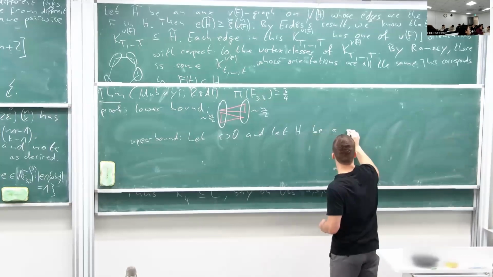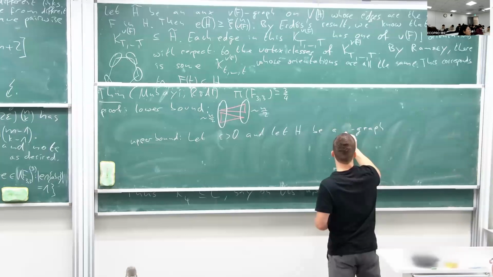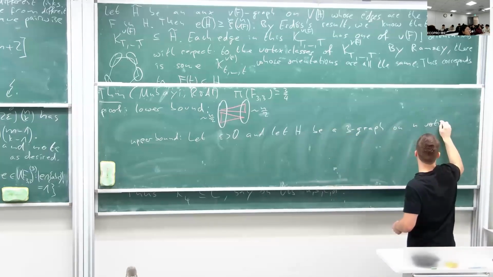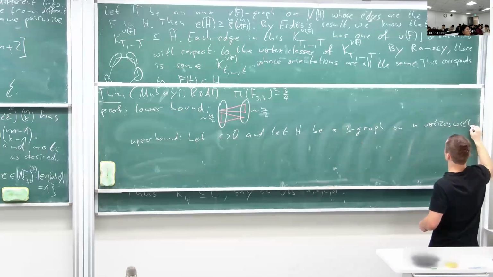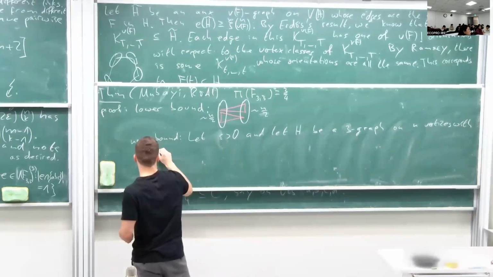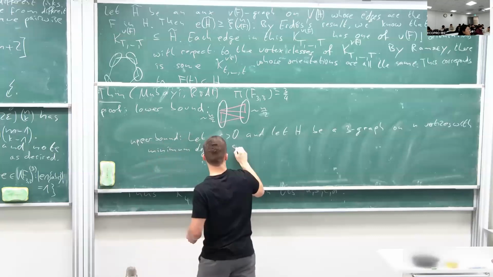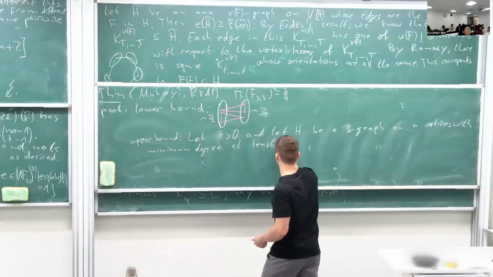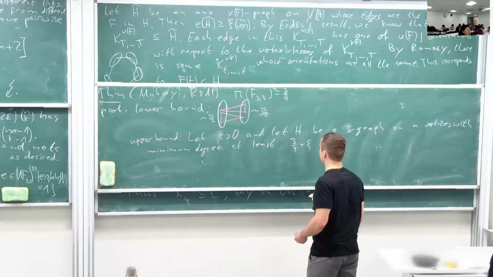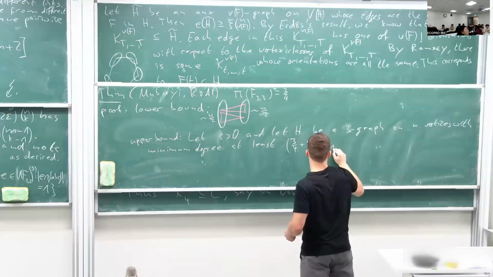The graph on n vertices with minimum degree at least 3/4 minus epsilon times n choose 2.